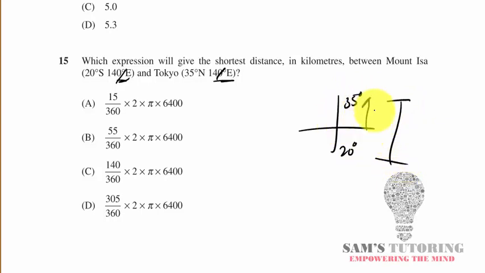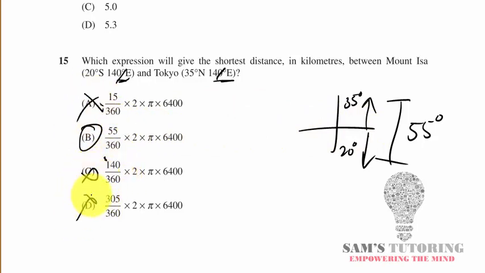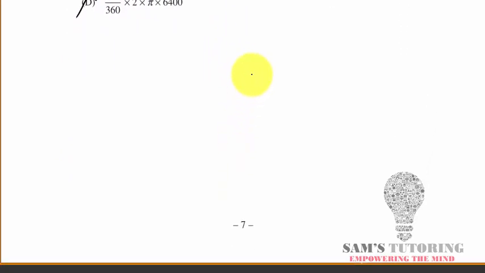Well, 35 plus 20 is 55 degrees. You can see that is already going to be probably this one here. Without doing any more calculations, because you already got the 55, you don't need these. See how simple some questions can be? Okay.